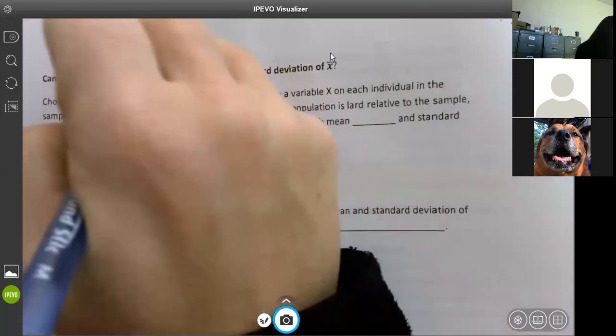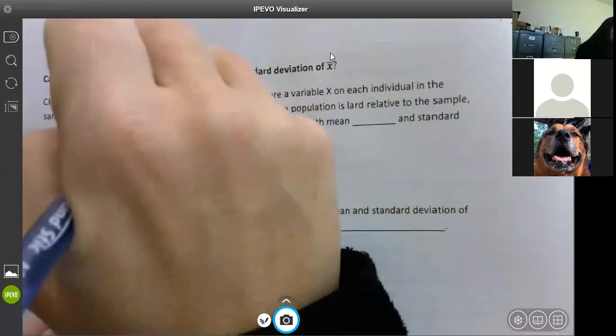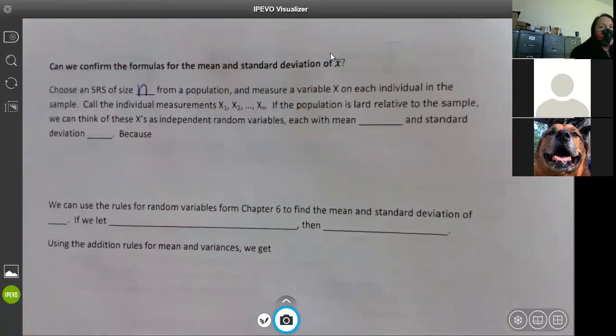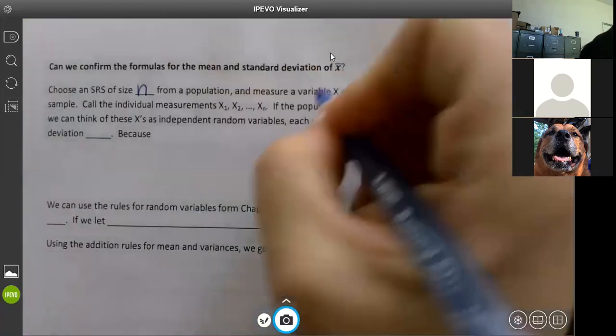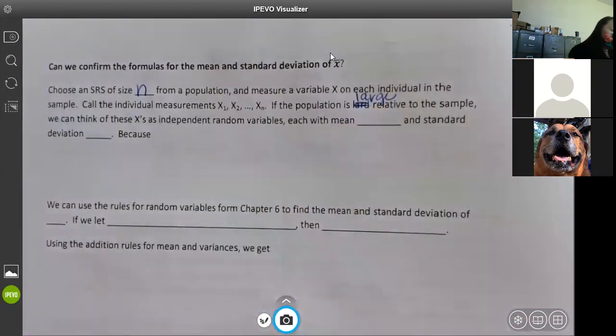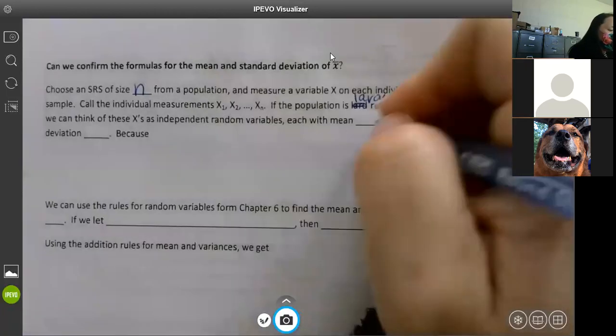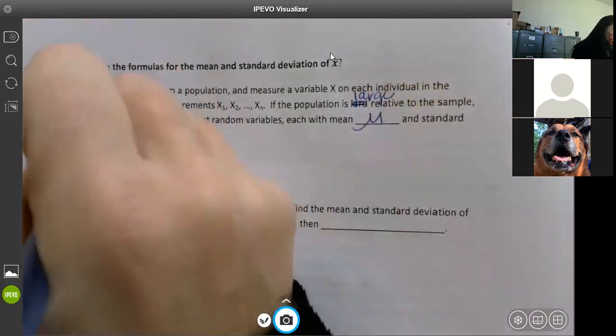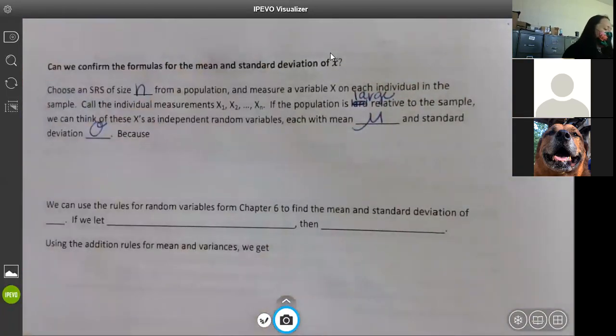So again, those of you taking notes, this is where we're trying to validate all of our formulas. So we're going to choose an SRS of size n from a population and measure a variable x on each individual in the sample. Call the individual measures x1, x2, all the way to xn. It should say if the population is large relative to the sample, we can think of these x's as independent random variables, each with mean mu and standard deviation sigma.